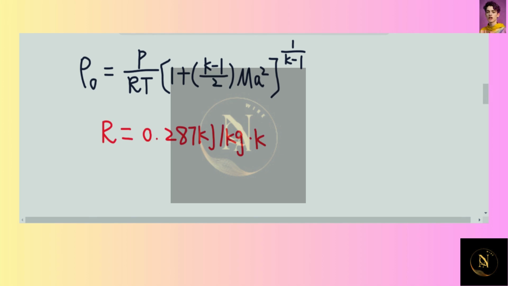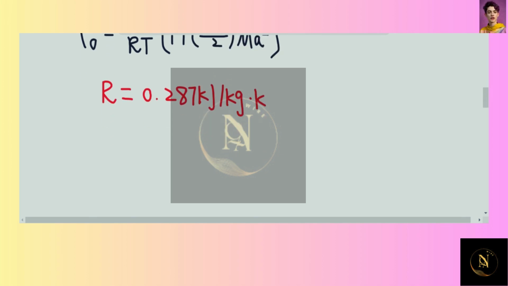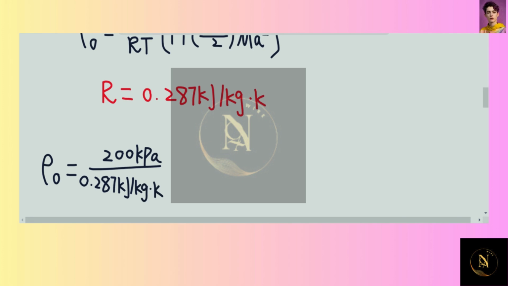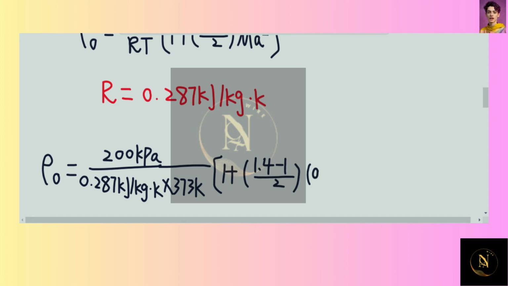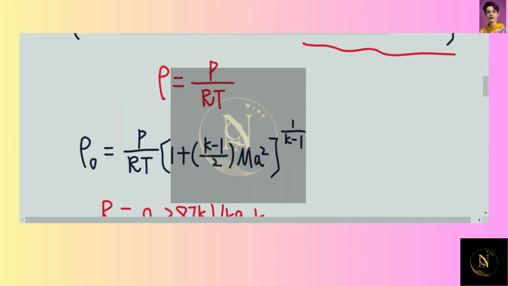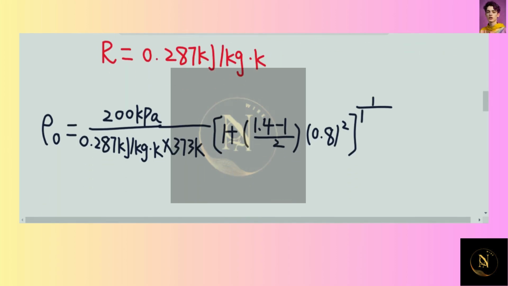So now let's plug back into the equation to determine the stagnation density of the air, which is equal to 200 kilopascal divided by 0.287 kilojoule per kilogram times Kelvin, and then times the temperature, which is 373 Kelvin, and then times (1 plus (1.4 minus 1) divided by 2 times 0.8 squared) to the power of 1 over K minus 1, which is 1 over 1.4 minus 1.